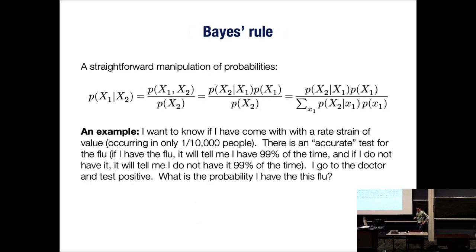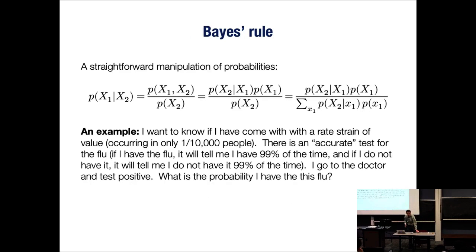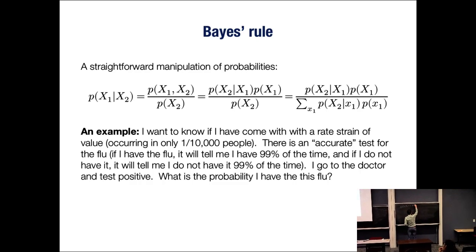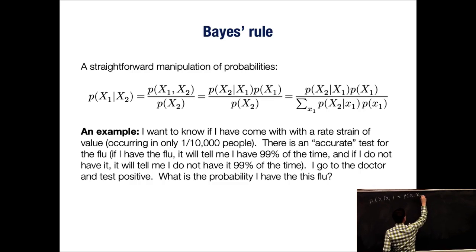Bayes' rule just follows directly from the definition of conditional probability. If we have random variables x1 and x2, by definition, P(x1 given x2) is equal to the joint probability of x1 and x2 over the probability of x2, right?